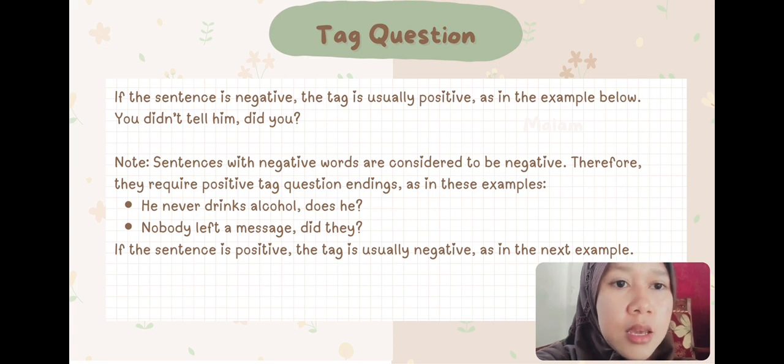For example, he never drinks alcohol, does he? Dia tidak pernah minum alkohol, kan? Nobody left a message, did they? Tidak ada yang meninggalkan pesan, bukan? So, if the sentence is positive, the tag is usually negative. Jadi, jika kalimatnya positif, tagnya biasanya juga negatif.